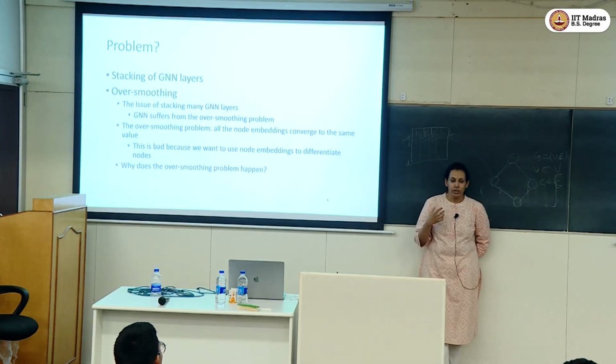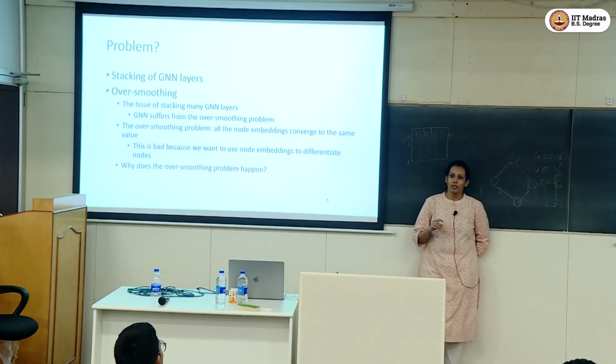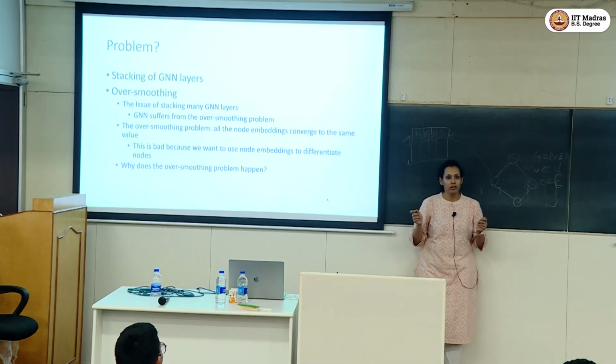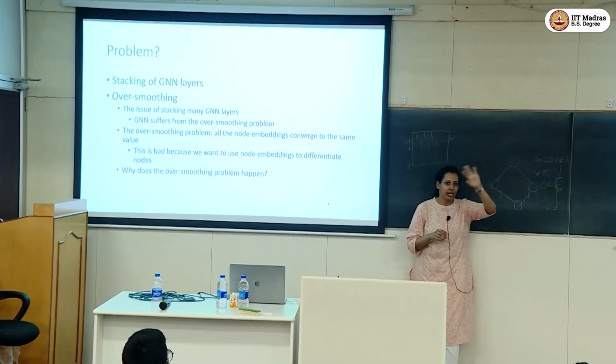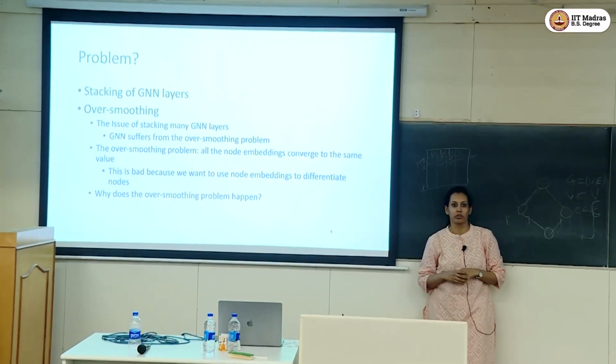Now if I'm considering a 5-layer GNN, I'll take 5-hop information. So every node will get messages from 5-hop neighbors. Do you agree that the neighborhood overlap is then so high? There would be so much overlap if you take more layers.